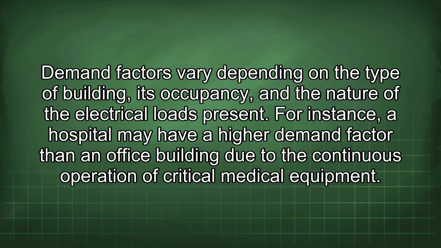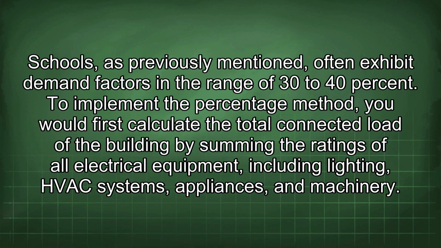Demand factors vary depending on the type of building, its occupancy, and the nature of the electrical loads present. For instance, a hospital may have a higher demand factor than an office building due to the continuous operation of critical medical equipment. Schools, as previously mentioned, often exhibit demand factors in the range of 30 to 40%.